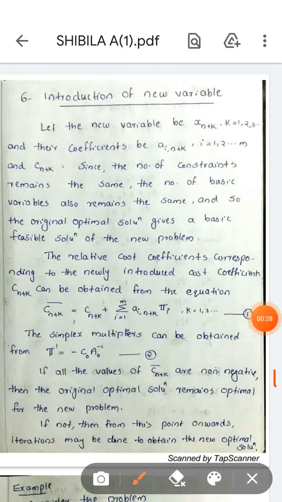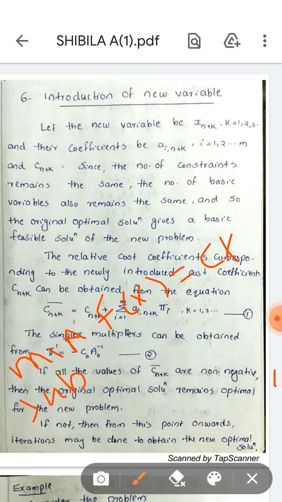Suppose we have an LPP: minimize f of x equal to cx subject to constraints Ax equal to b, x greater than or equal to 0.